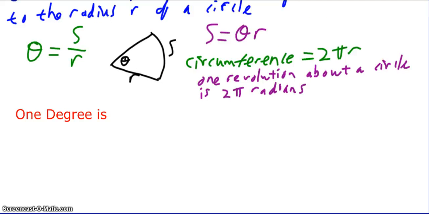Well, 1 degree is equivalent to 1/360th of a complete revolution about the vertex.